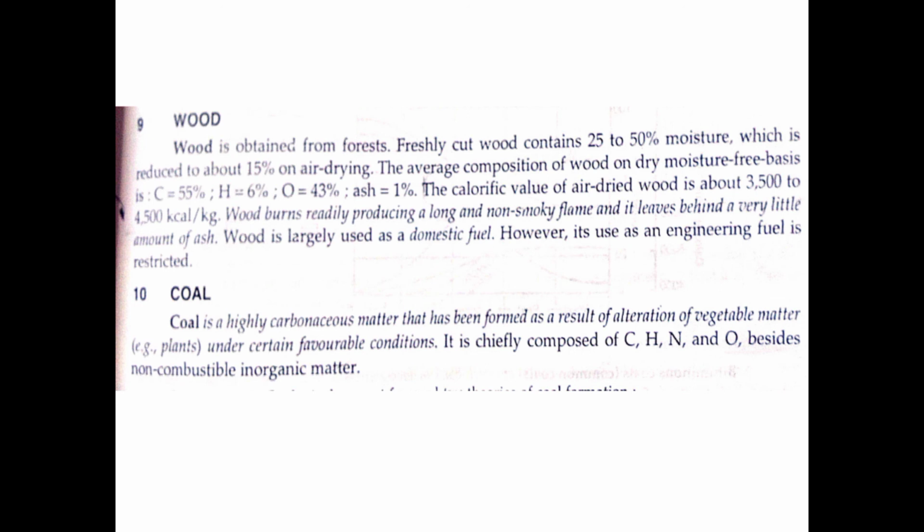In favorable conditions, the alteration of vegetable matter occurs and it produces coal. In coal the constituents are carbon, hydrogen, nitrogen, oxygen, and also it contains non-combustible inorganic matter. Okay, here we stop. Thank you.